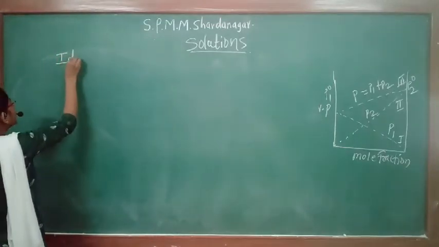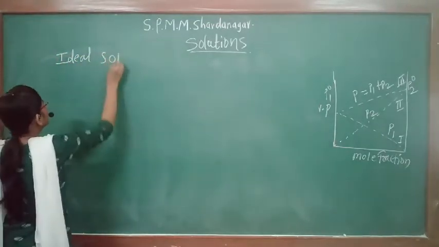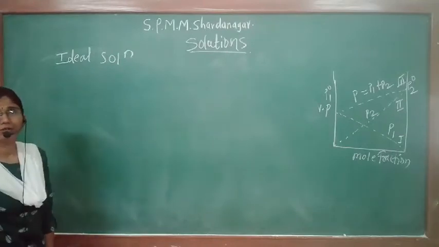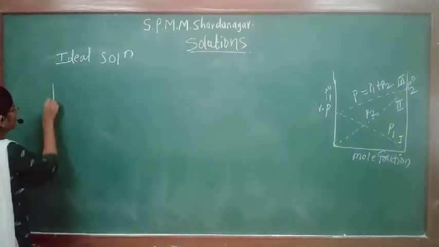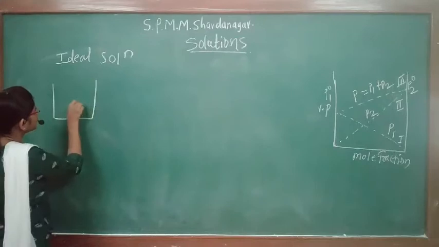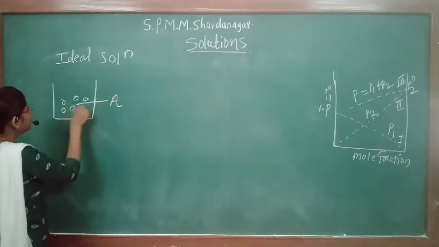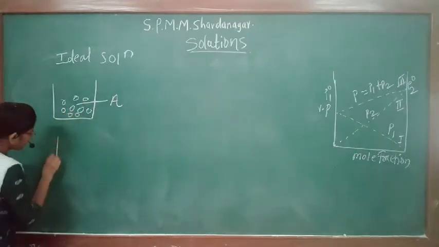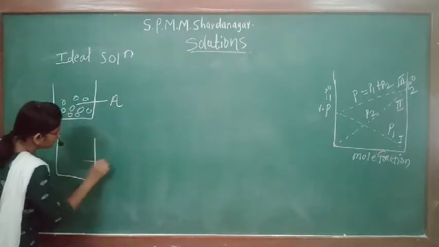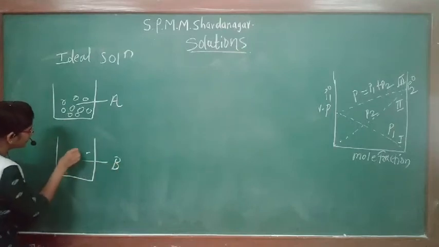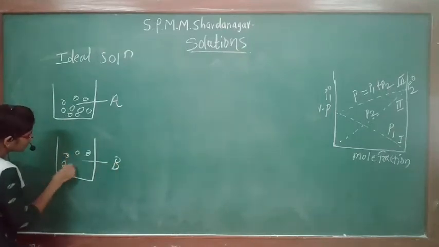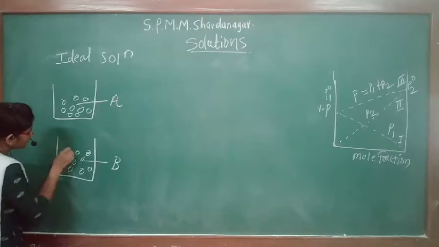This is the volatile liquid A, and this one is the volatile liquid B.